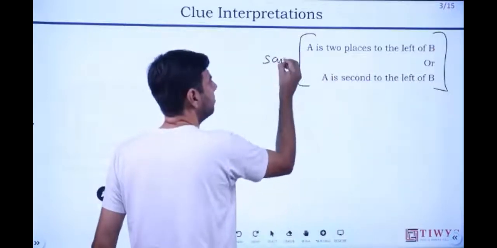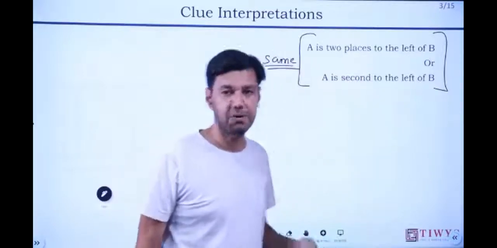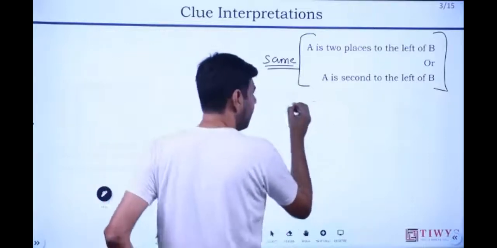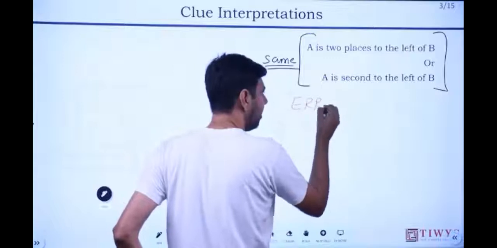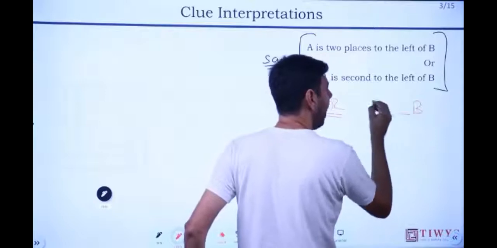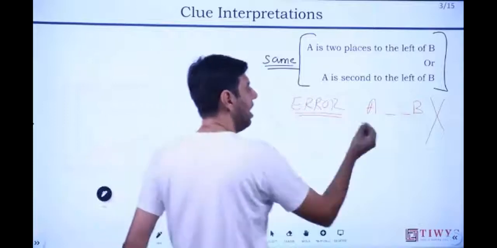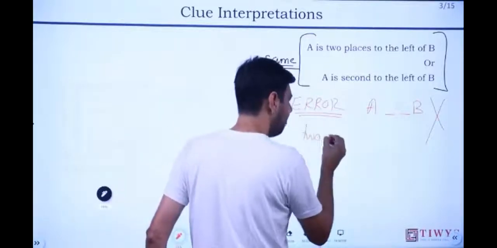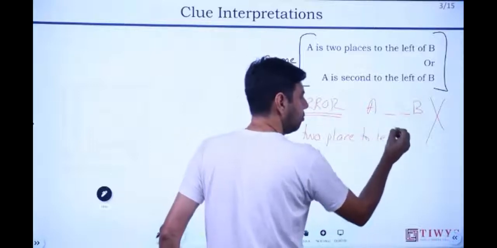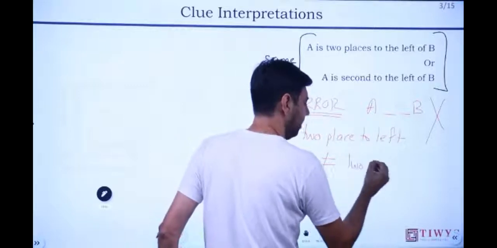Whether you say 2 places to the left of B or second to the left of B. Now, the error over here, and let me write it in red, is that students take B, then 1, 2, and A. This is wrong. 2 places to the left does not mean 2 places in between.